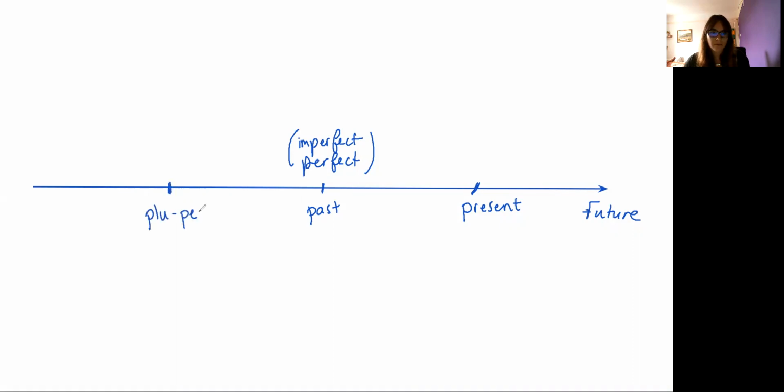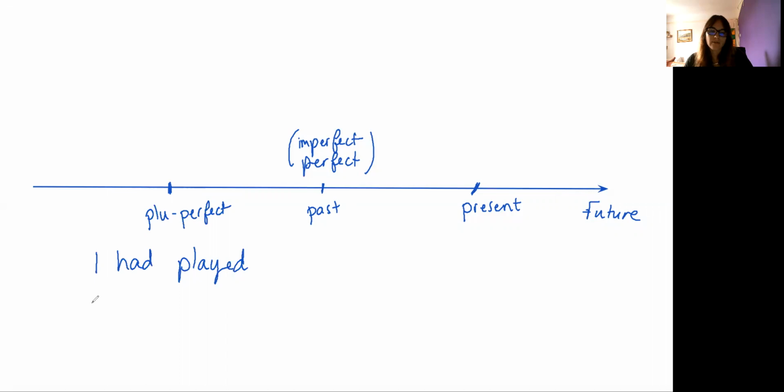It's something that had happened before something happened in the past. It's basically the equivalent of your "had". So "I had played" would be the equivalent of the pluperfect.